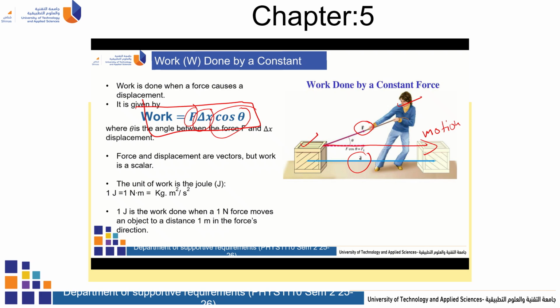Sometimes we show the displacement by d, or sometimes, like in this formula, by delta x, but both have the same meaning. So in this formula, F is the force applied on the box, and delta x is the displacement, like from here to here.